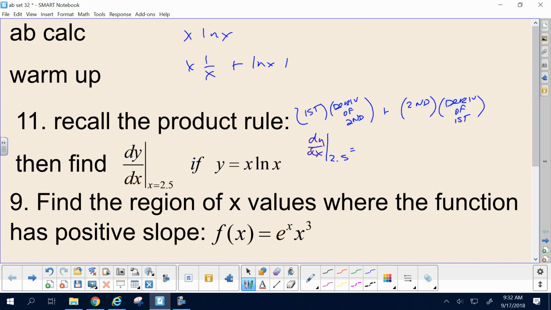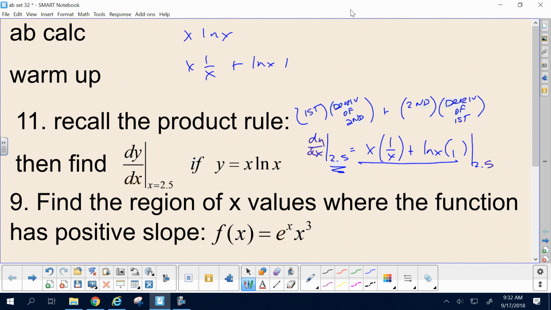First stays the same. Derivative of the second. Plus second stays the same. What's the derivative of x? 1, okay? Anytime they ask you to evaluate at a point, it should be a two-part process. First, I'll show you the general derivative, then I'll put the number in. You will not, again, get full credit if you do those at once.